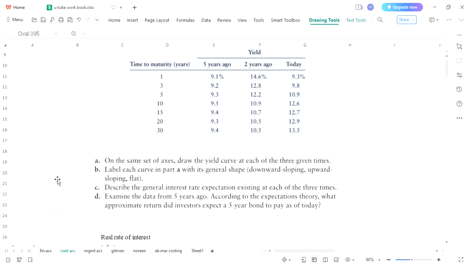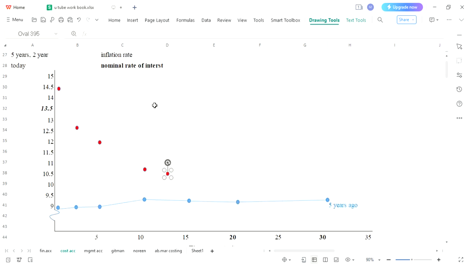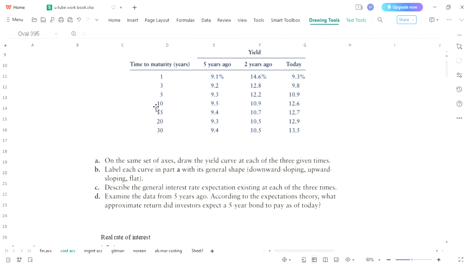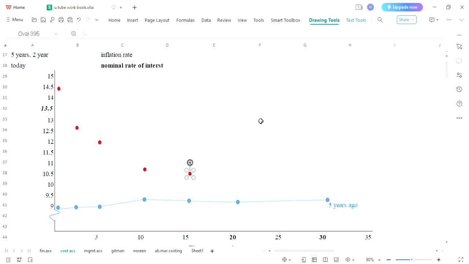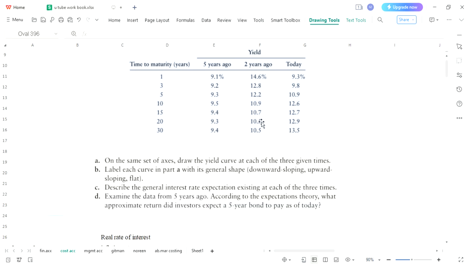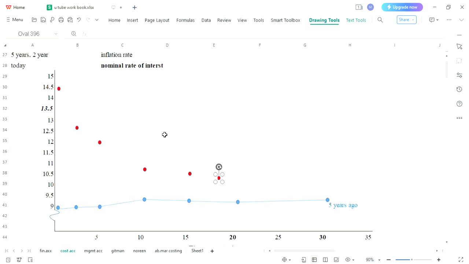After completion, let's proceed to 15 years. 15 years exactly at this point. For 15 years, the rate of interest is 10.7. Coincidentally it is exactly at 10.7. So let's proceed to the next. We'll go to 20 years.